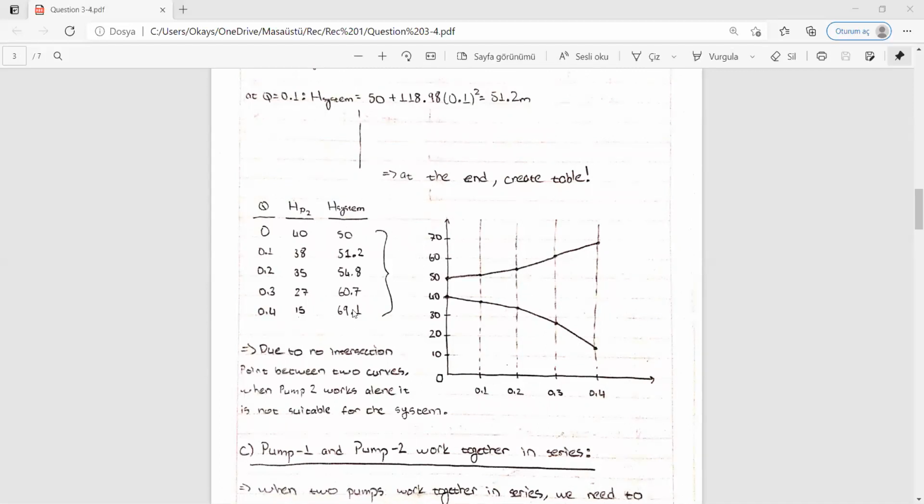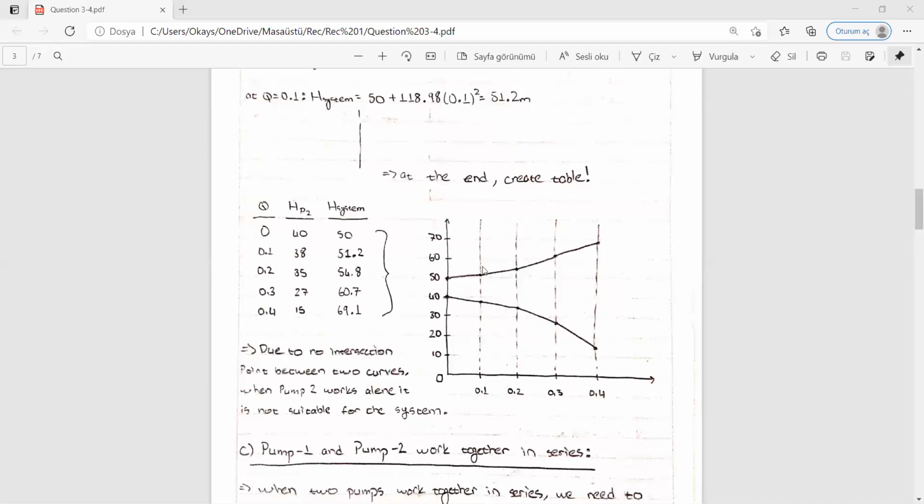So for the system, it starts with 50, 51.2, 54 point something, 60 point something, and 61 point something. And what were the pump 2 characteristics for this much discharge? It starts with 40 when the discharge is 0, then 38, 35, 27, and 15.